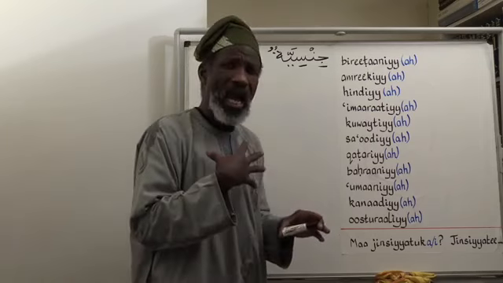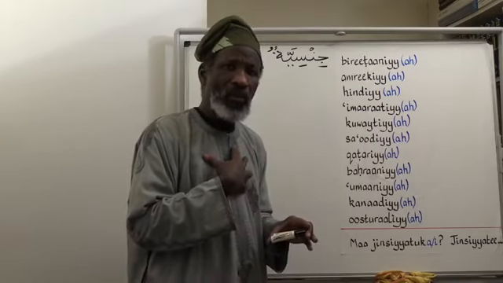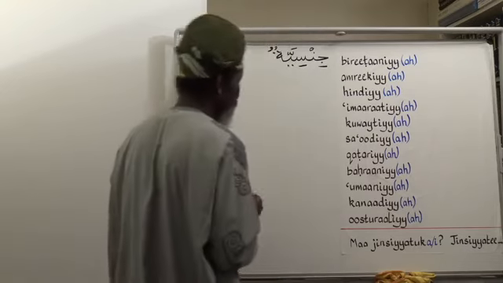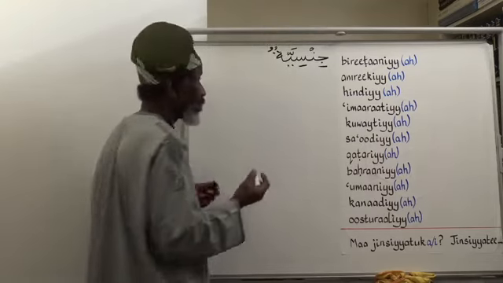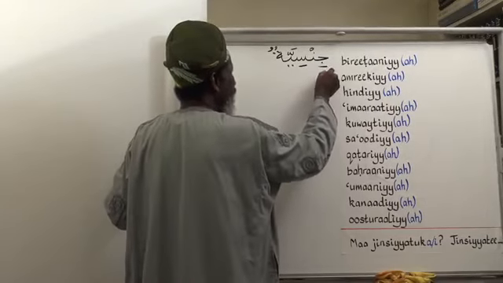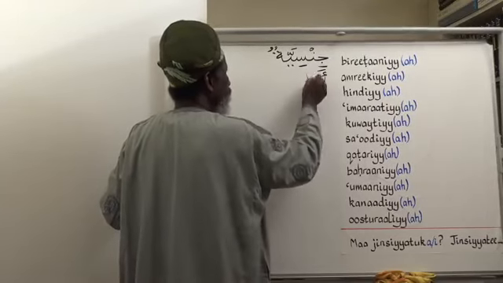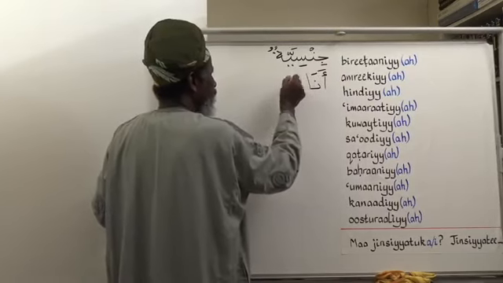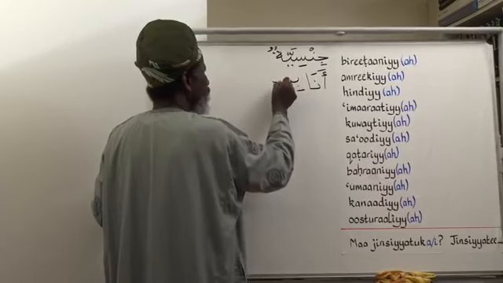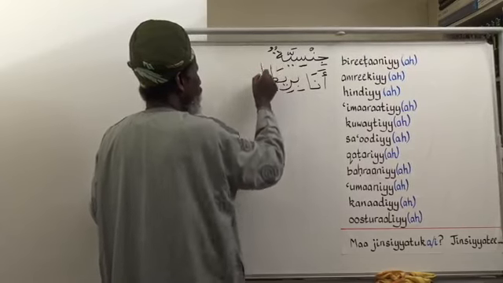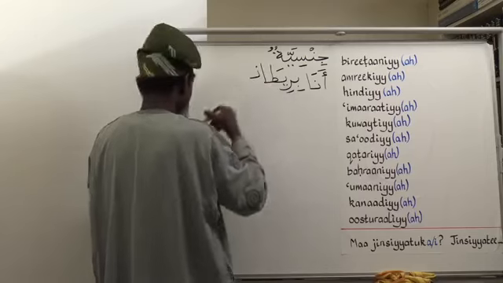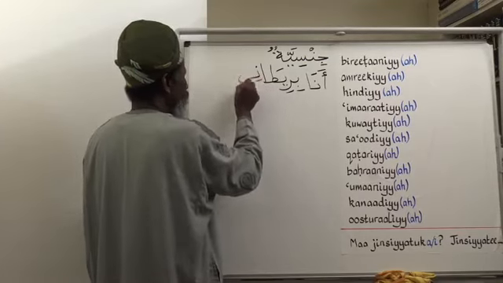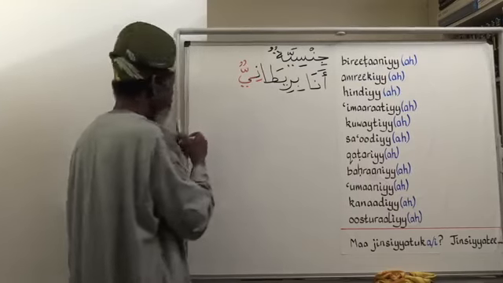Now, if I want to say I am British and I'm speaking as a man, I would say Ana Britaniyun. Now remember, we put in the kesra and then we say yun. Ana Britaniyun.